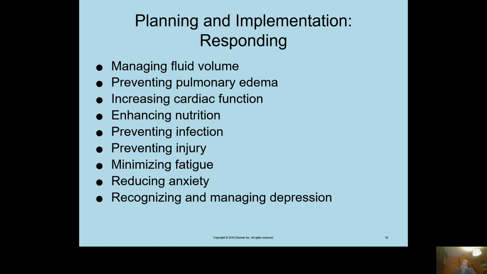We also teach them that there's a relationship between blood pressure control, diet, and drug therapy. So there's a relationship between good blood pressure control, diet, and drug therapy. They all work hand in hand.